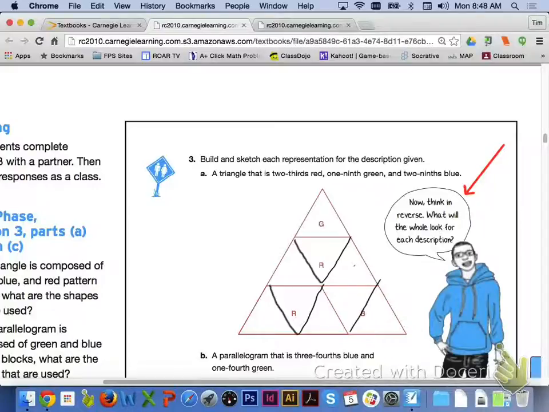So if we look first at 2/3 red, we have one trapezoid here and another trapezoid here representing red. We have 6/9 that is going to be equal to 2/3. So there's our 2/3 red.